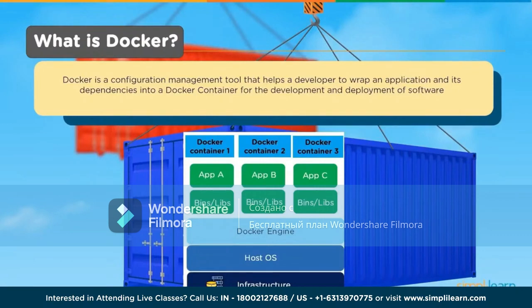The Docker engine handles all the internal work, the communication between the operating system and the infrastructure. It makes sure the different containers get up and running. In this diagram we have container 1, container 2 and container 3, and each of these containers has its own application and dependencies bound together.